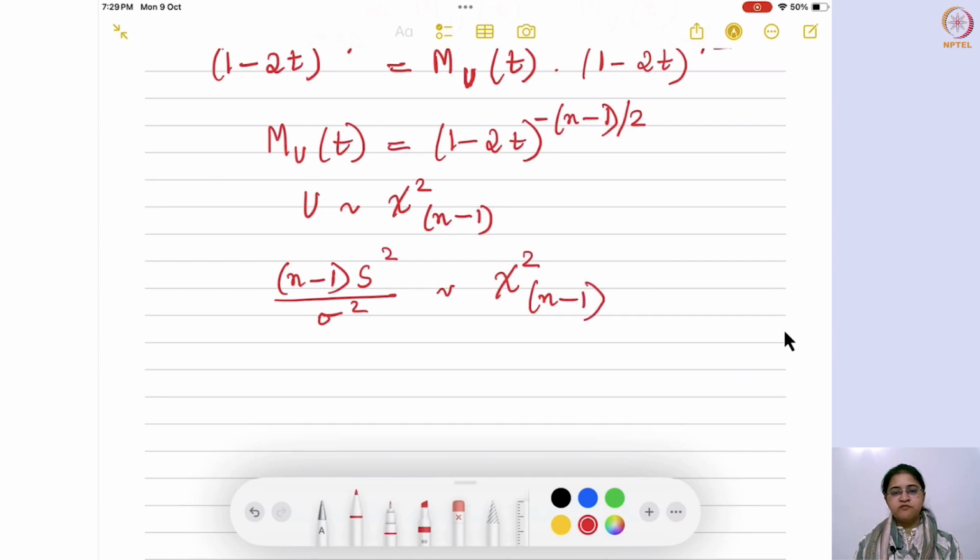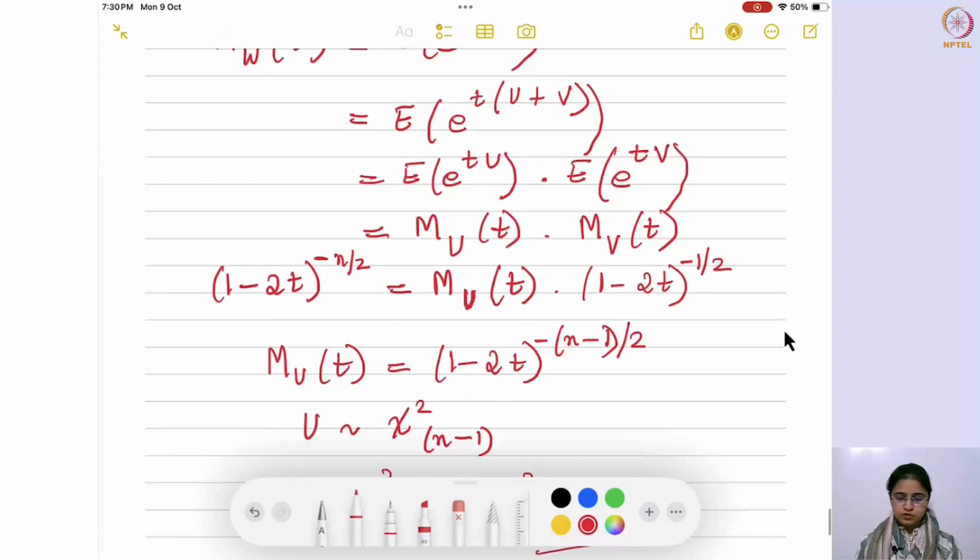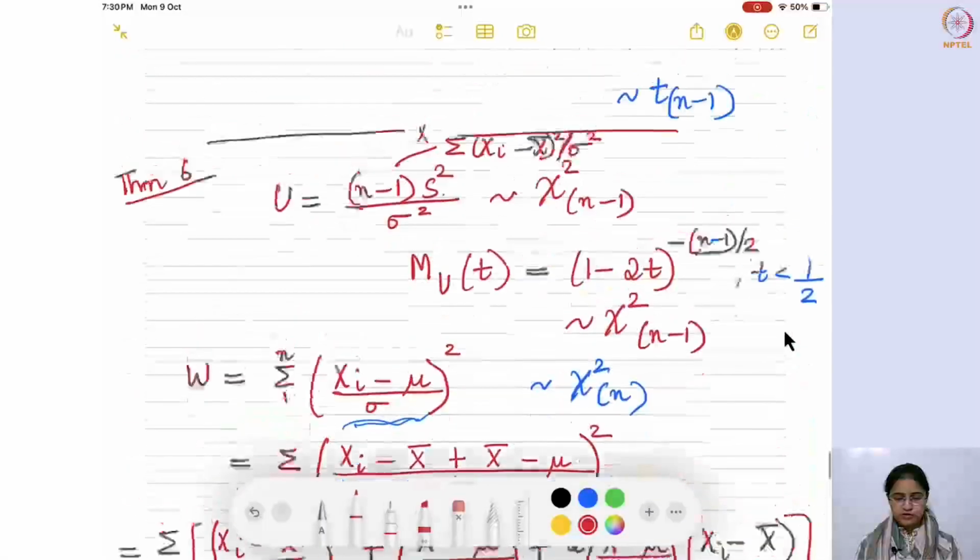Whenever we are talking about the sampling distribution of the sample mean, we come across two distributions, the normal or standard normal and the t distribution. Whereas whenever you are talking about the sample variance, you will come across the chi-square distribution with these many degrees of freedom. Okay, so this is the entire proof for it.